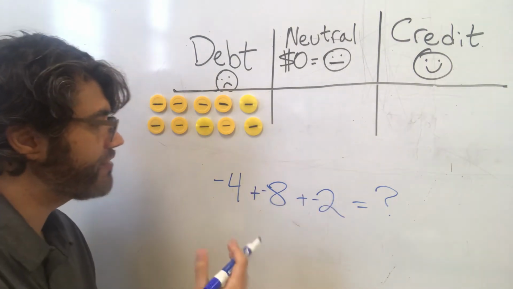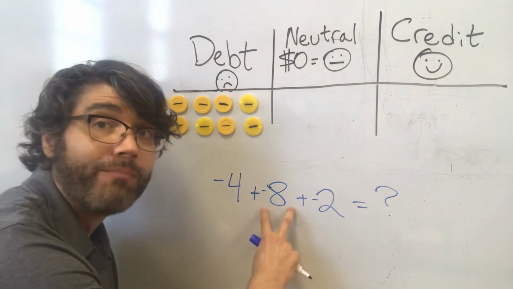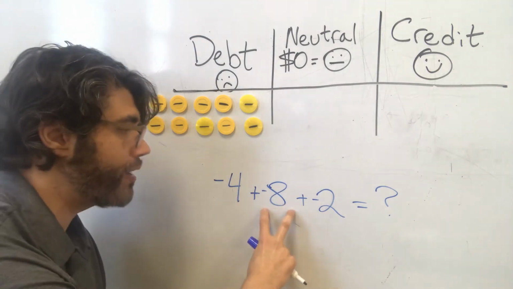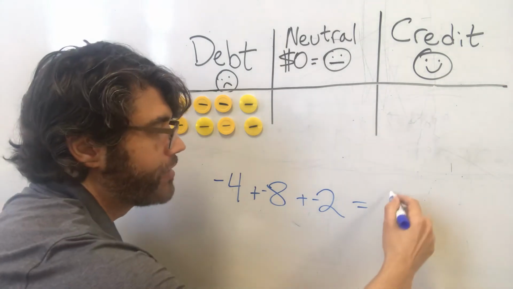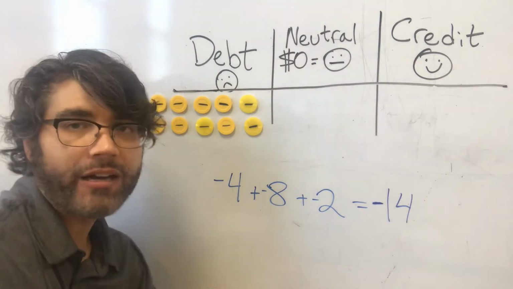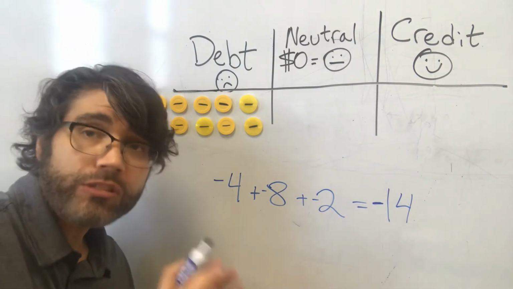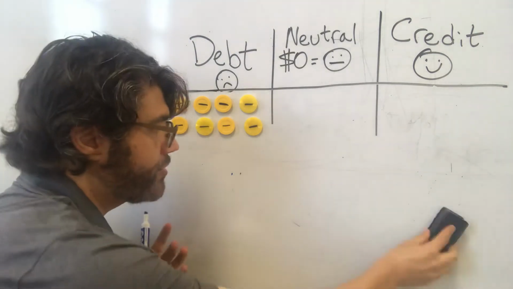And then it's easier for me to see, okay, this is $4 of debt, then we're adding on more debt, and then even more debt. So $4 of debt, now we're in $12 of debt, now we're in $14 of debt. So that's -$14, you just got to remember to put that negative sign on, because that is going to show that you're in debt, okay? So just some strategies to work with this.